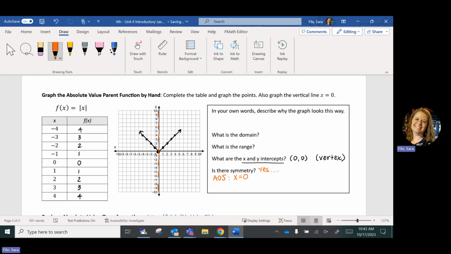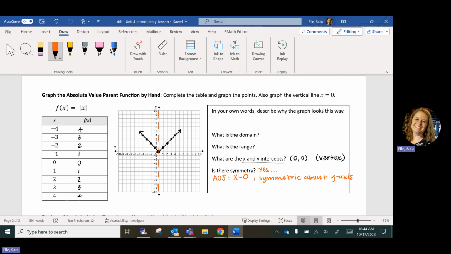That means that this graph, this absolute value function, is symmetric about the y-axis, meaning it reflects over the y-axis. Now, that's the parent function. If I start to move this graph around, I could move it off center, right?